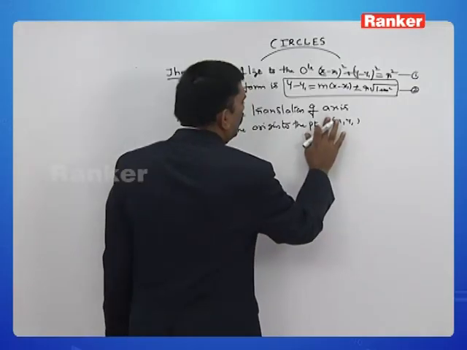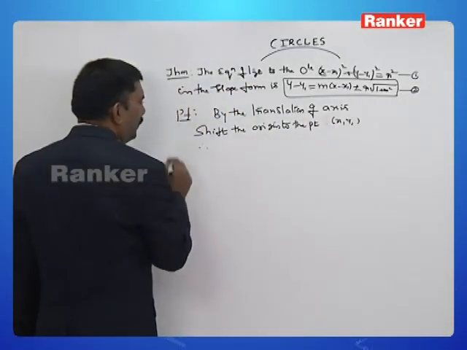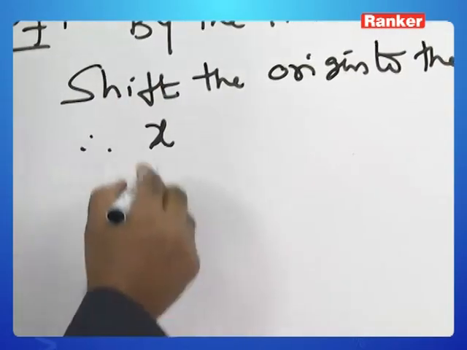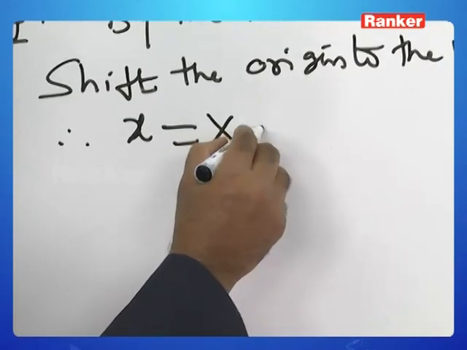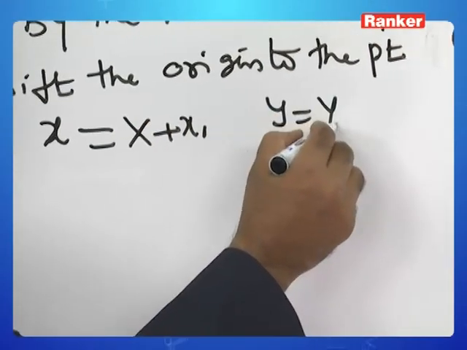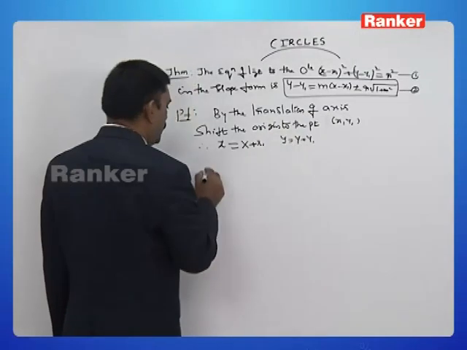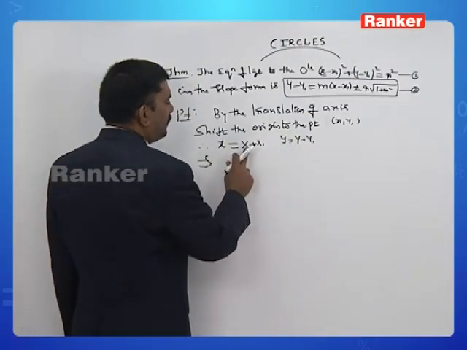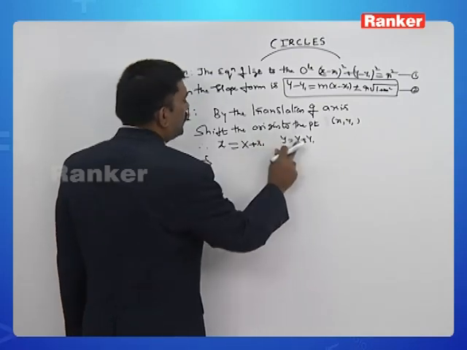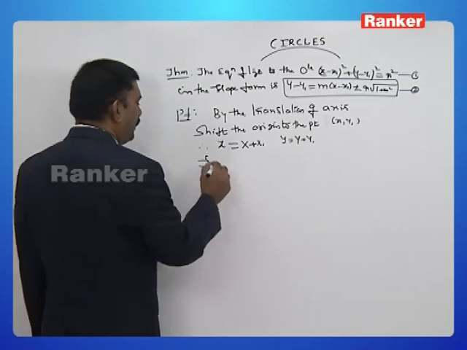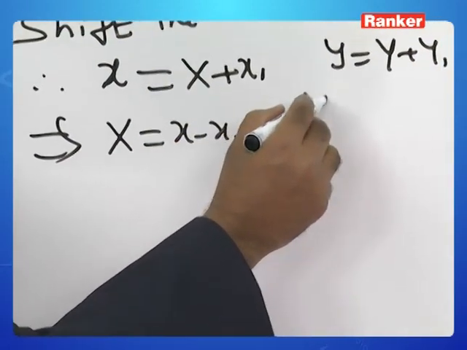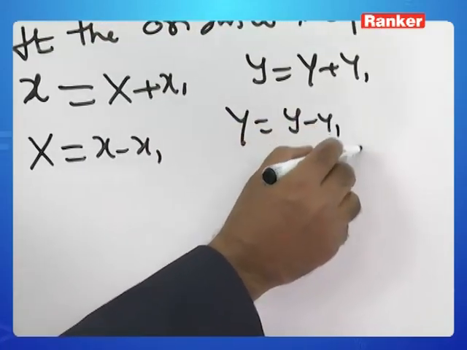Therefore, small x is equal to capital X plus x1, small y is equal to capital Y plus y1, which implies that with respect to small x and small y, this becomes capital X and capital Y. So capital X is equal to x minus x1, capital Y is equal to y minus y1.